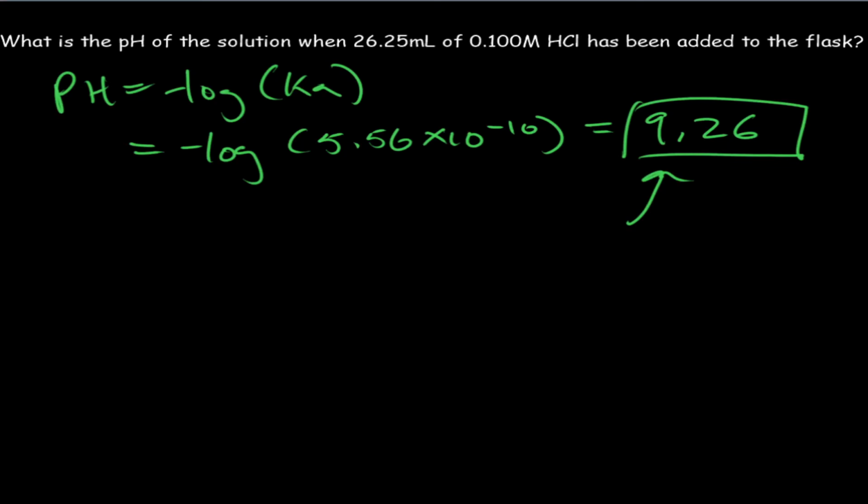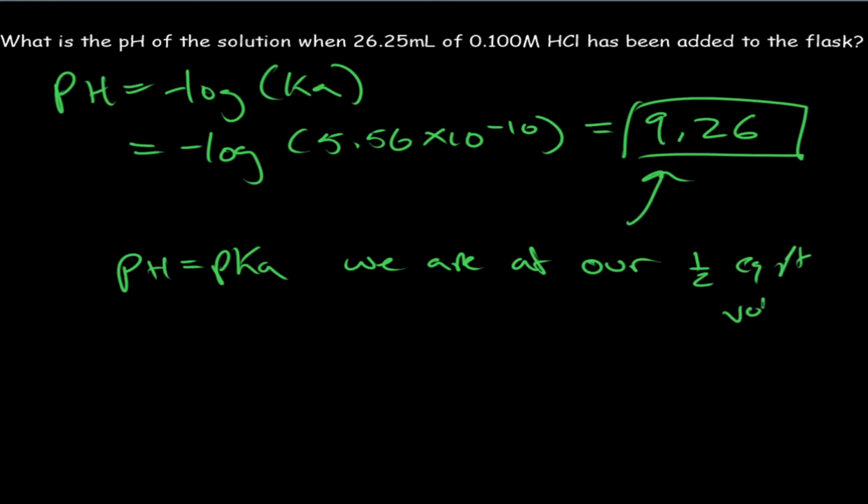Another important thing to realize is that when our pH equals our pKa, that means we are at our 1/2 equivalence point volume. So whenever your pH equals the pKa, that means we're at 1/2 of the equivalence point volume of our strong acid added.